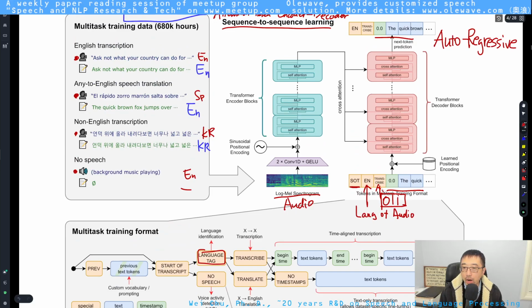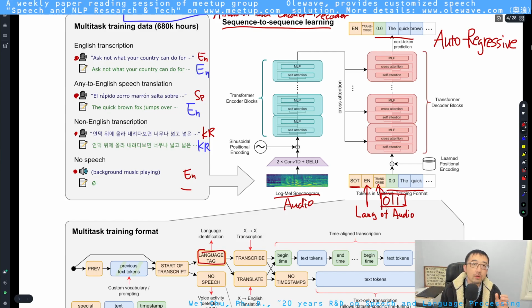And also the transcribe label, I don't think you have to have this flag, you can definitely infer it by the training data, right? You can definitely see if these two things are different, and one of them is English. This is a transcribe flag.